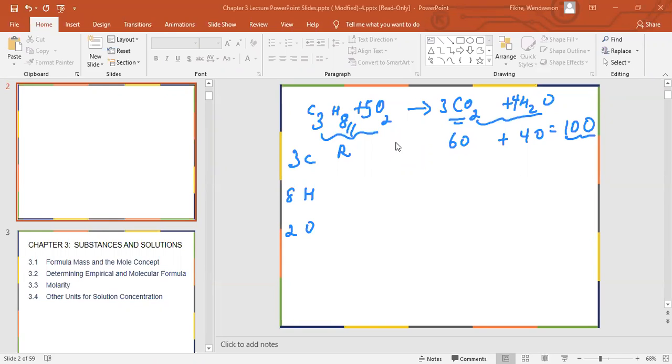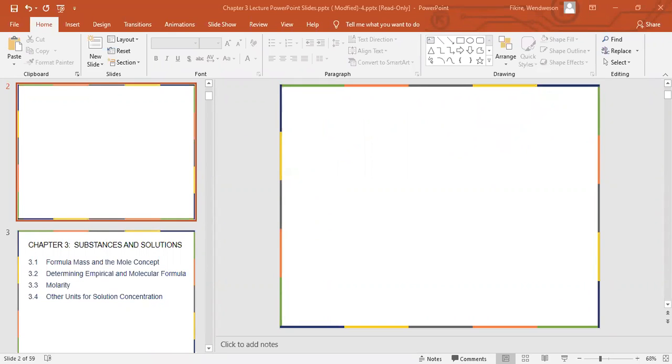Also, learn about the different types of chemical reactions. Here I have listed the types of chemical reactions: a combination reaction, single replacement reaction, double replacement reaction, decomposition reaction, metathesis reaction.